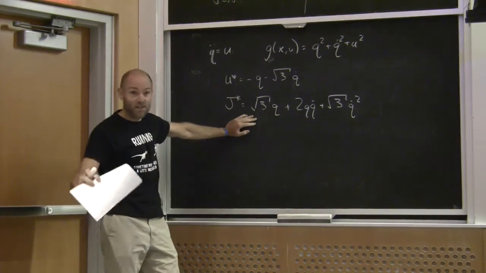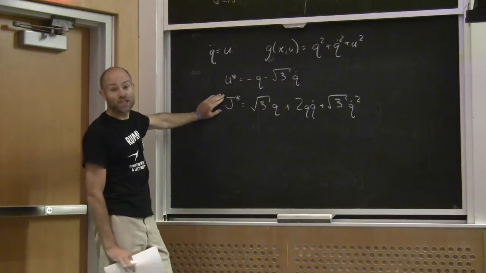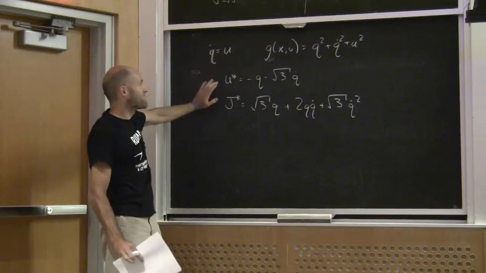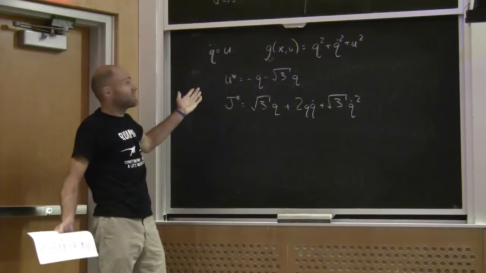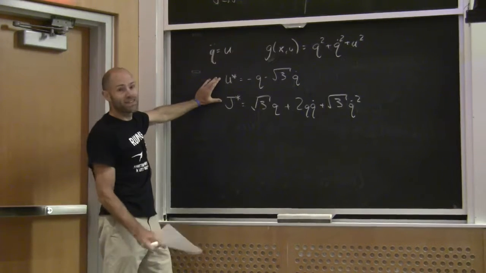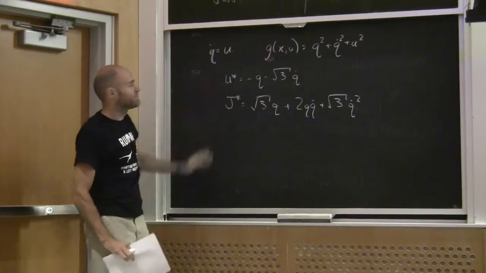But that's okay. I don't have to justify it. I just have to produce this function, and if these things satisfy the Bellman equation, then you've got to believe me. There's a theorem. So you've got to believe that that's an optimal controller.